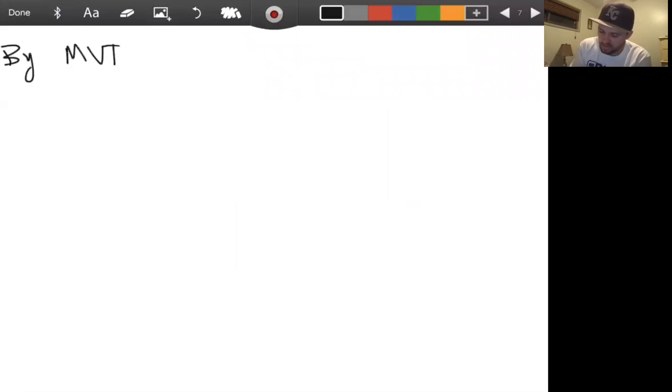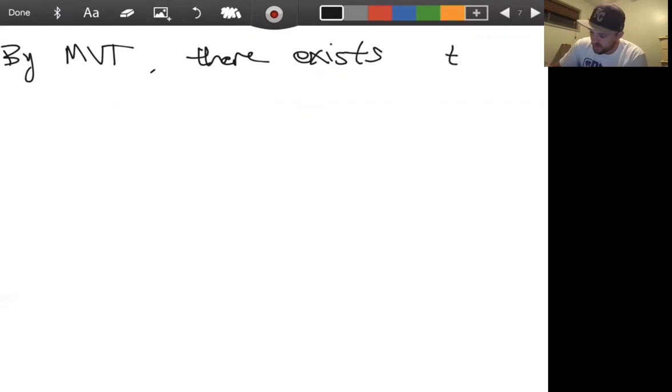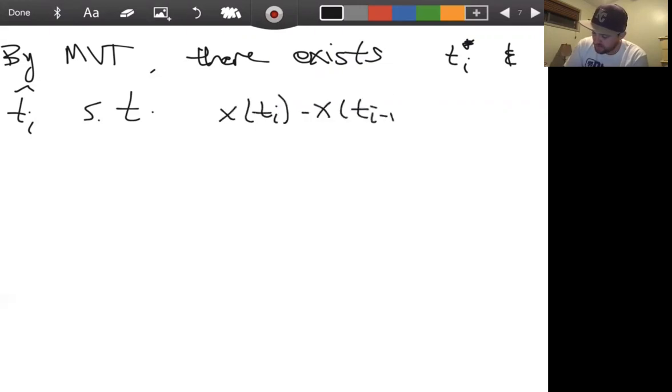By the mean value theorem, there exist, I'll call them t_i star and t_i tilde, such that x of t_i minus x of t_{i-1} is equal to x prime of t_i star delta t.